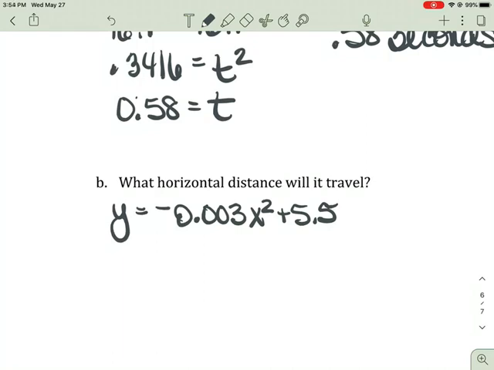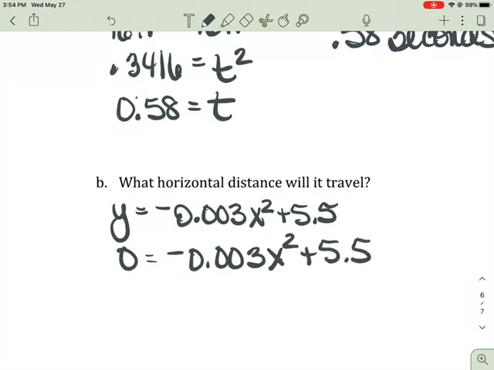The negative 0.003 is always part of the equation. All right, so x is going to be our distance and y is height. Since we're doing on the ground, what's our horizontal distance? We're not off the ground, so we're going to put 0 in for that. And you're always going to put 0 in for the problems that we're going to look at.